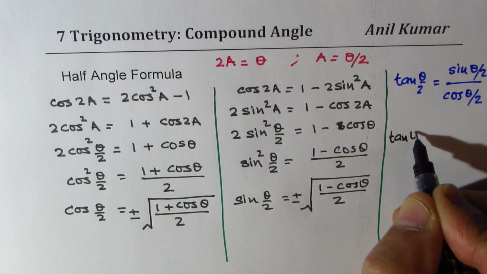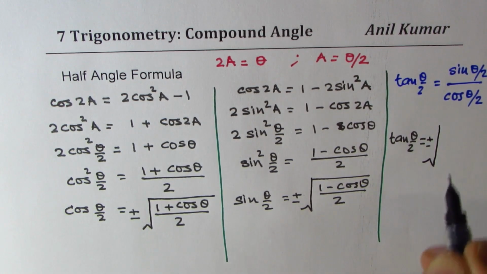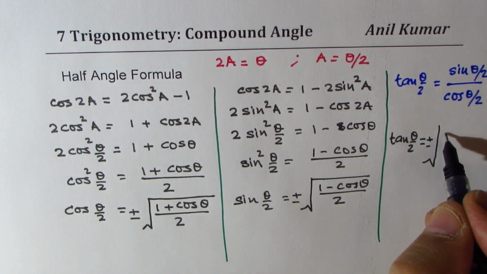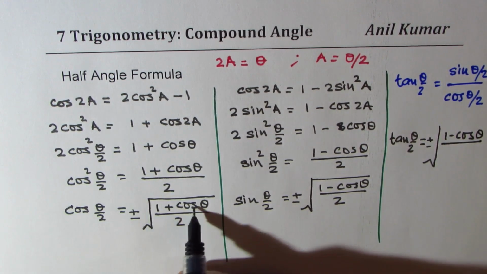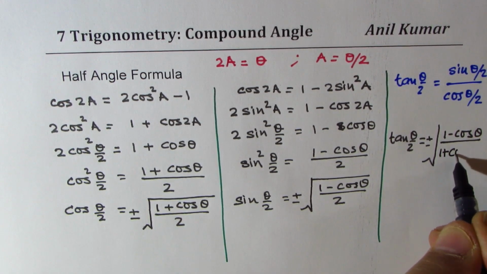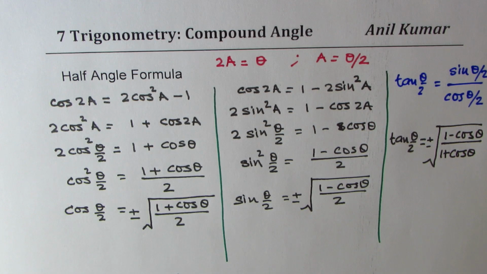We get tan theta by 2 equals plus minus square root of 1 minus cos theta divided by 1 plus cos theta. The 2s cancel. Do you see? Half of that cancel. So that is your tan theta by 2 formula.